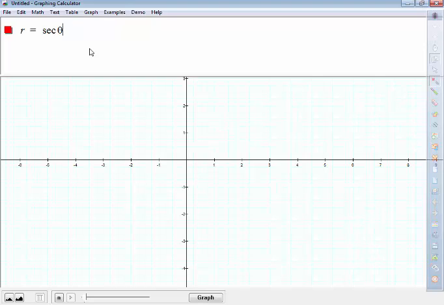Secant theta. So secant theta looks like it's a line, x equals 1. How do you think that happened? Any ideas?